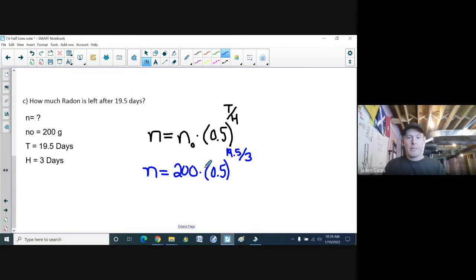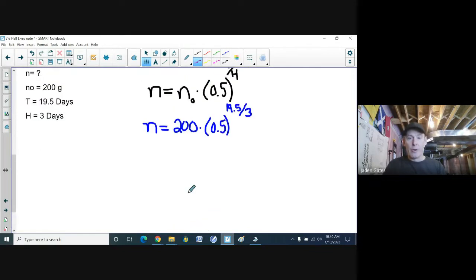Before I can do some calculating, I have to figure out what that exponent actually is. So N is equal to 200 times 0.5. Let's figure out the exponent. I take 19.5 and divide it by 3, and I get 6.5.